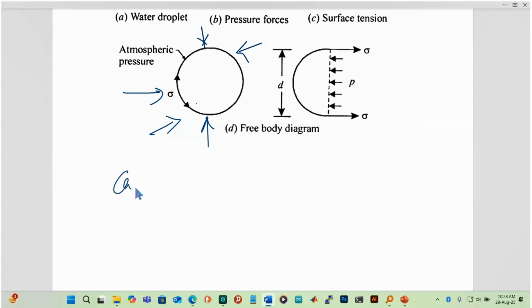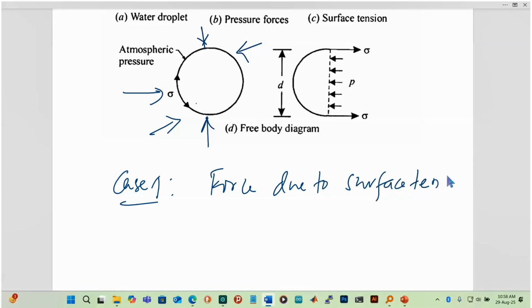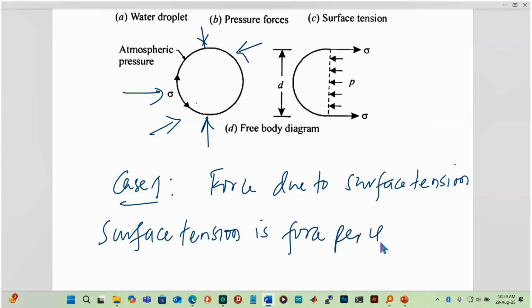But we shall begin with case 1, where we talk about force due to surface tension. So the force due to surface tension, we said that the surface tension is a force per unit length. So that means if we want that force, we would get the length on which that force is acting. When we multiply the two, we should be able to get the force.